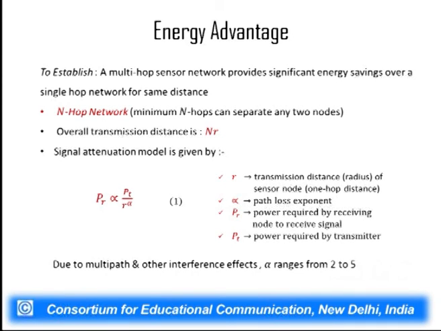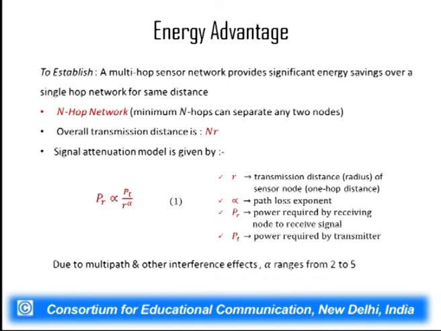Moving to the energy advantage, the fact that we have to establish before going for the mathematical proof is that a multi-hop sensor network provides significant energy savings over a single hop network given the same distance. So let's try to establish this. For this we take an assumption of an n hop network.